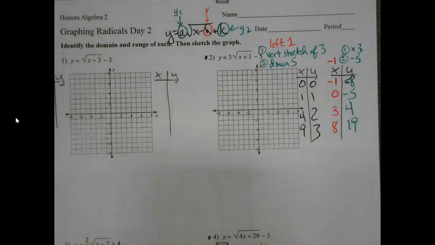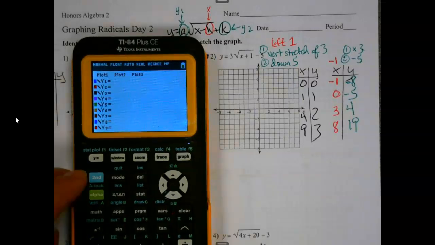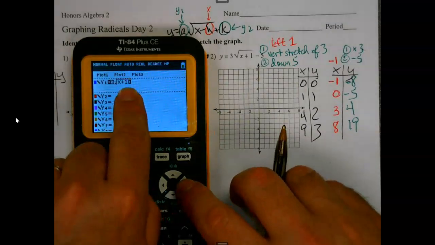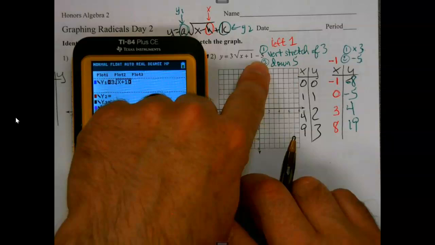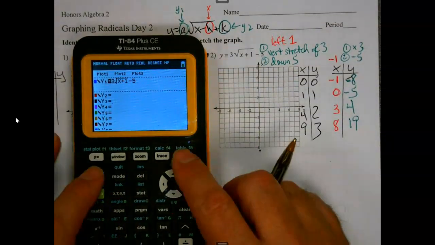You can. But again, sometimes that may slow you down with some things. So I'm like, all right, so 3 square root x plus 1. Right now, if I kept typing, I'm still under the radical. That minus 5 isn't under the radical. So if I'm going to do the calculator, I got to do that part.